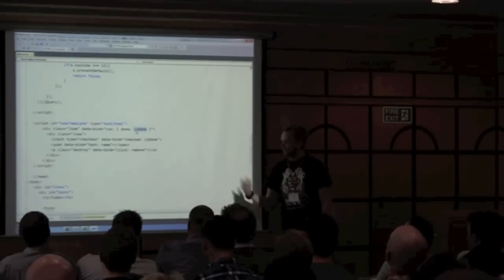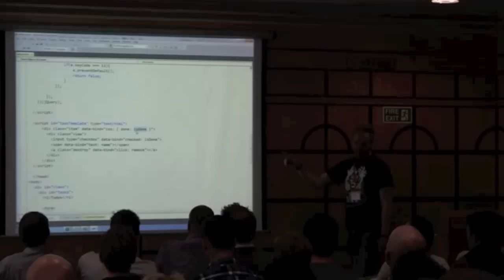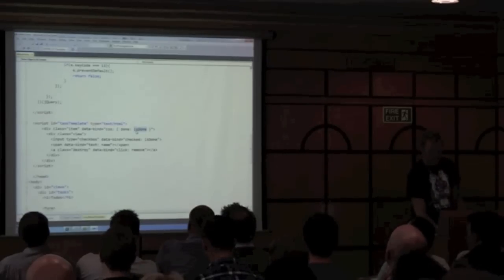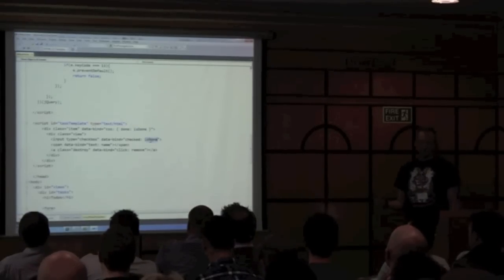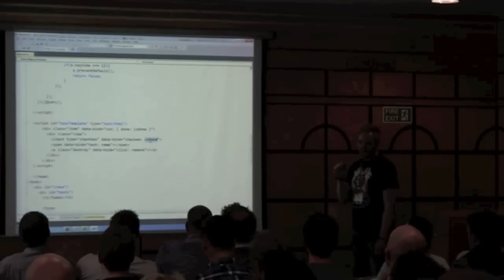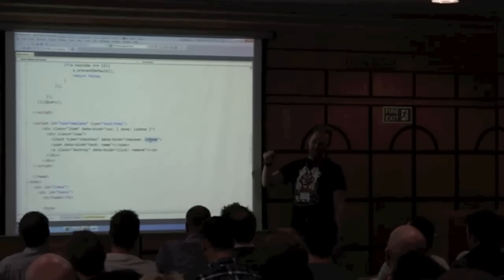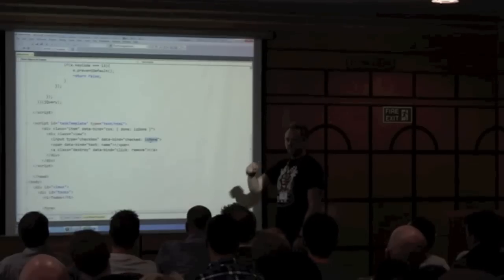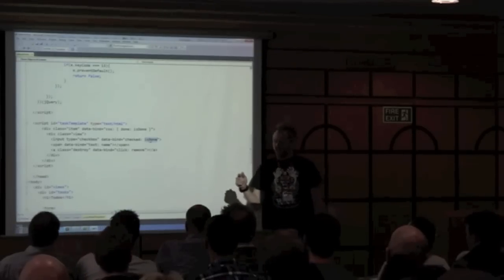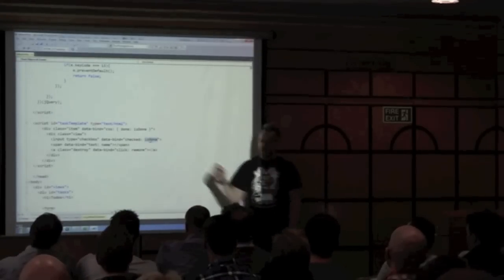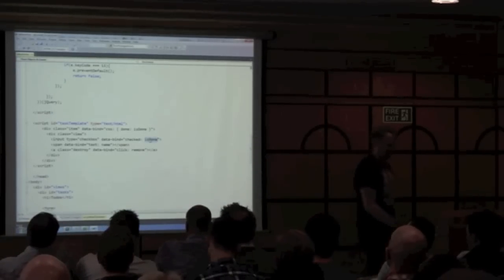Then below that we've got a checkbox, whose checked value is bound to isDone. So that will automatically do the wiring every time you change the value of the checkbox. It will automatically tell the isDone value in the model to update, which will automatically update the CSS class.